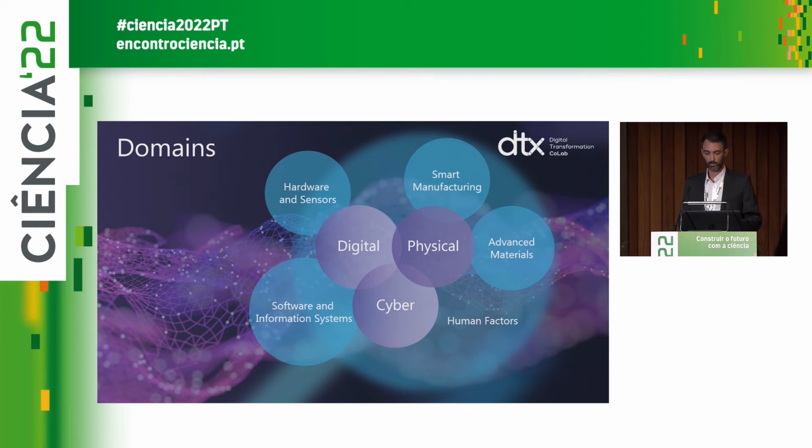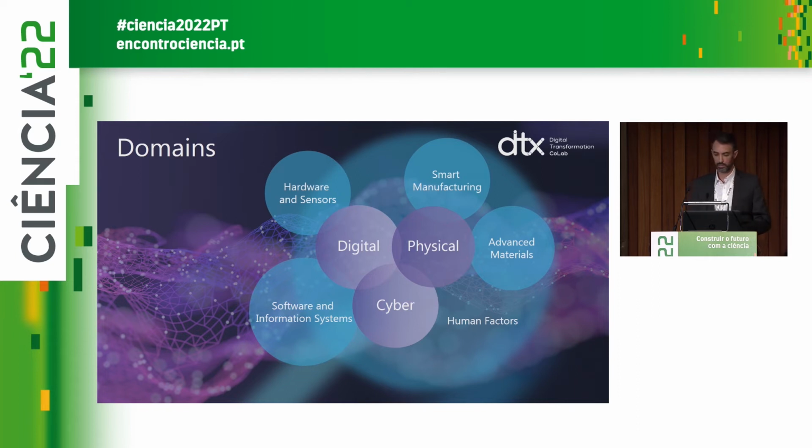We have a hardware and sensors team. We can see now the slow transition into the digital world, the interface. This team deals with IoT devices, low power electronics, etc. We have a smart manufacturing team that deals with the application of digital transformation to the industrial shop floor.